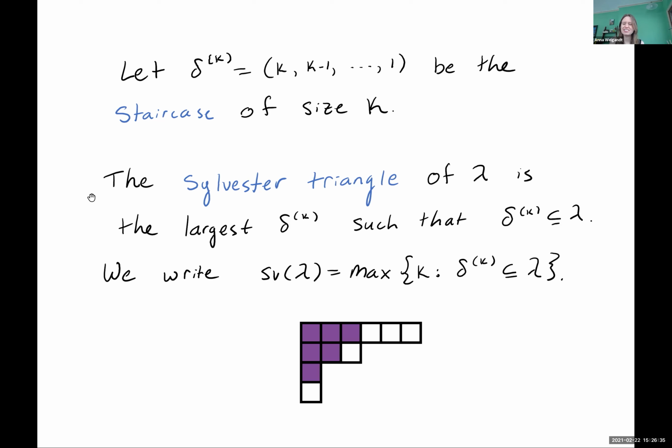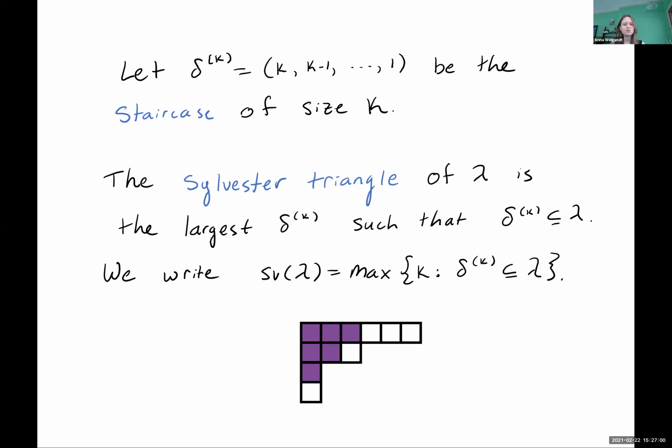By fits inside, maybe I'm conflating partitions with their corresponding Young diagrams. You want the staircase Young diagram to fit inside the Young diagram for lambda. And then SV of lambda is the maximum side length of the staircases that fit inside your partition, so the side length of your Sylvester triangle.